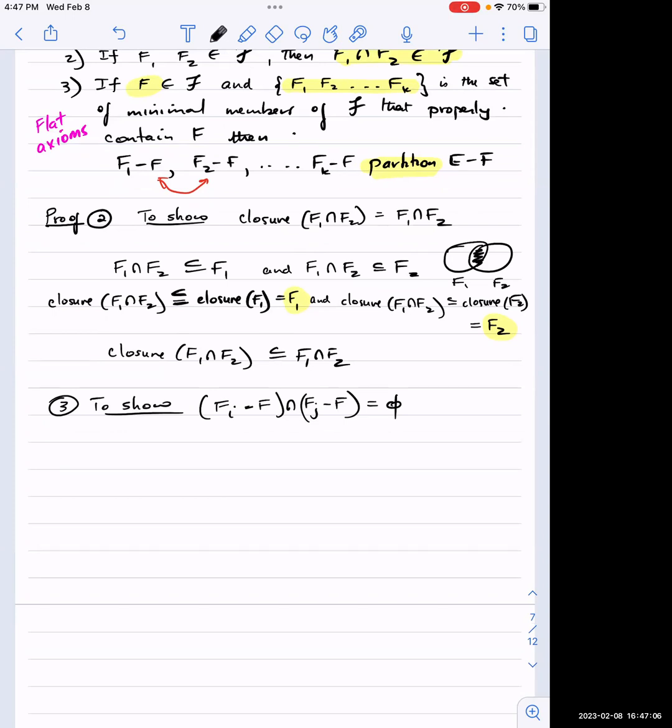But suppose it's not empty. Suppose X is a member over there.